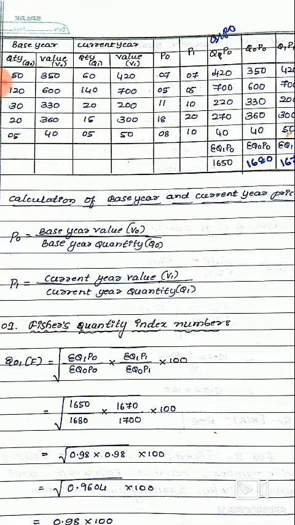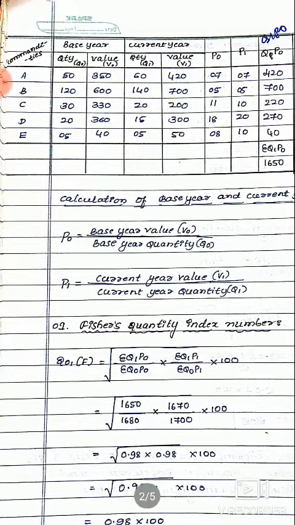So P naught values are 07, 05, 11, 18, 08 and P1 values are 07, 05, 10, 20 and 10.